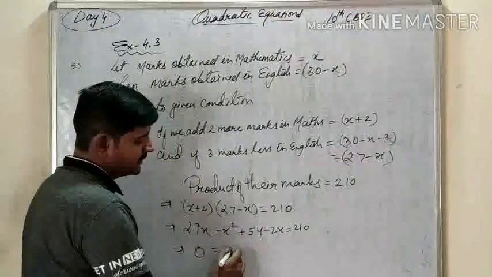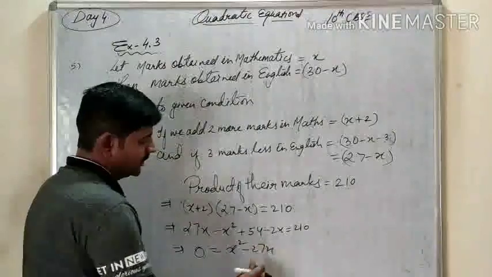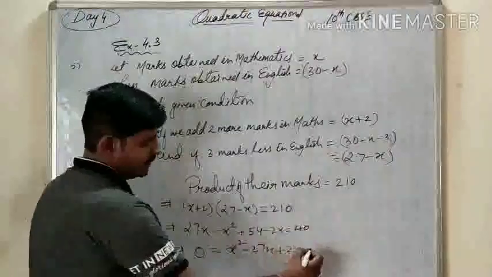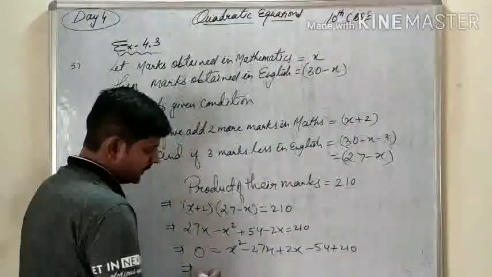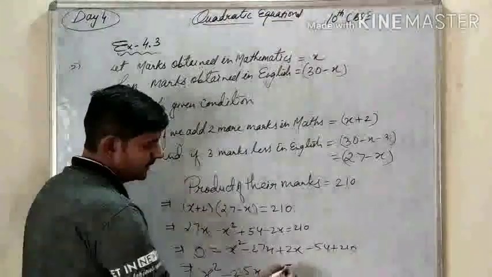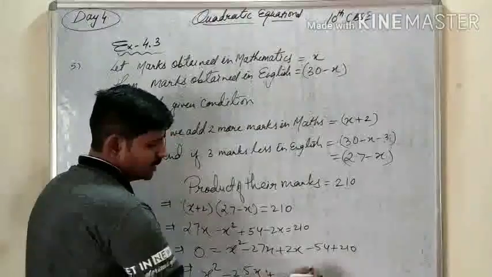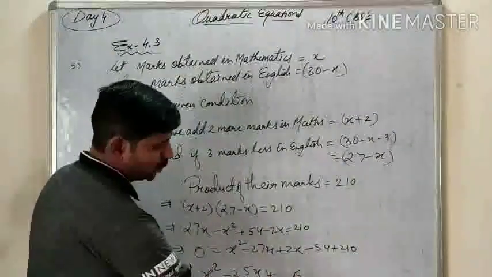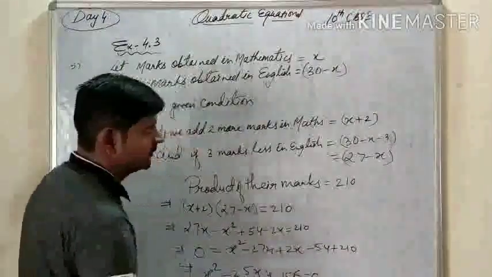The x square becomes positive, 27x and 2x become positive, 54 and 210 are combined. So finally the equation we get is x square minus 25x plus 156 equals 0.